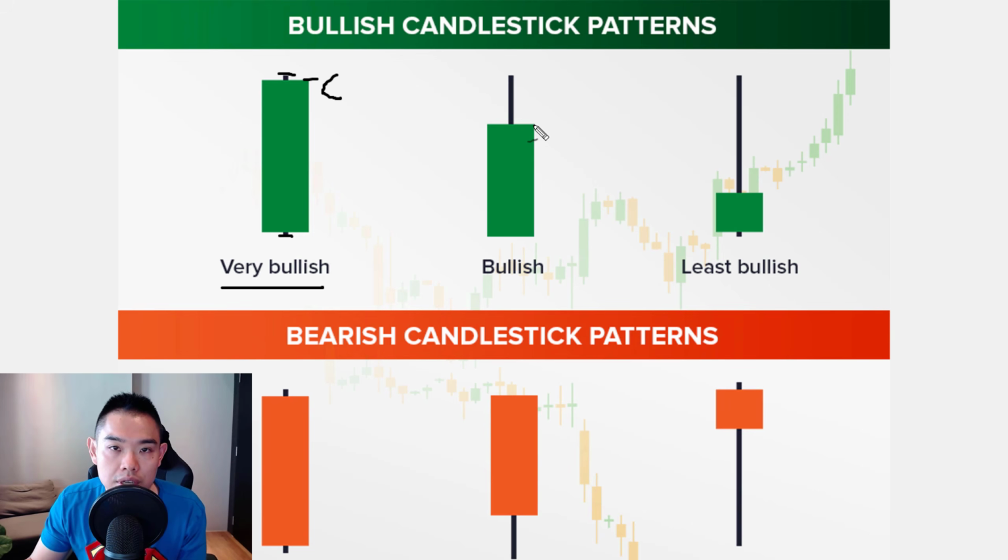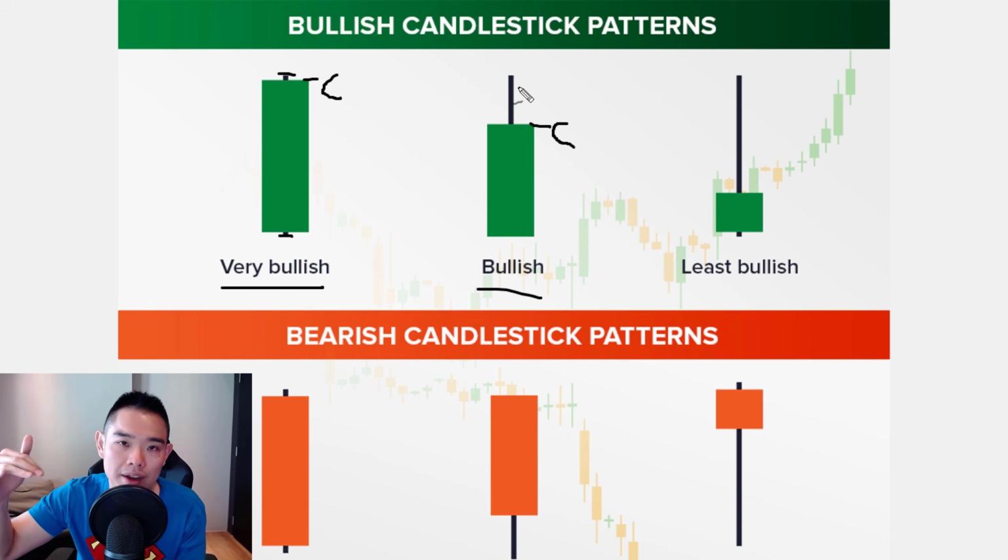Now what about this? Where did it close relative to the range? It closed relatively near towards the highs, but of course not as high as the first candle. So overall, this is still somewhat a bullish candle because the price closed almost approaching the highs of the day. Not very close to it, but much nearer to the highs than the lows.